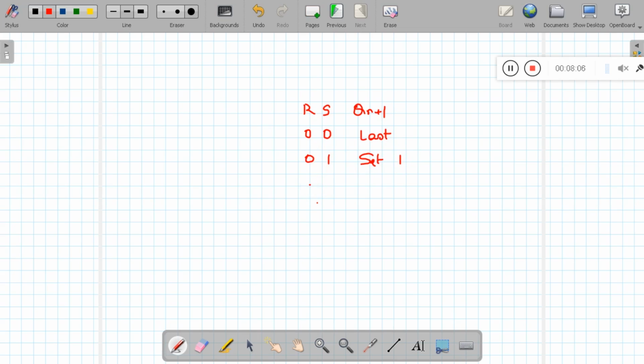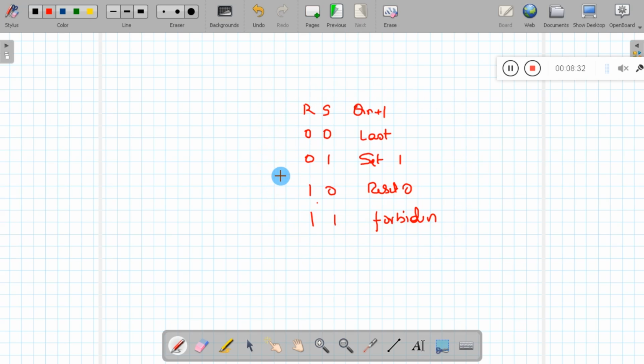When R is 1 and S is 0, the flip-flop is reset and the output is 0. And when both are 1, that condition is called an illegal or forbidden condition. That means this condition is not possible. So this is the truth table of the RS or SR latch.